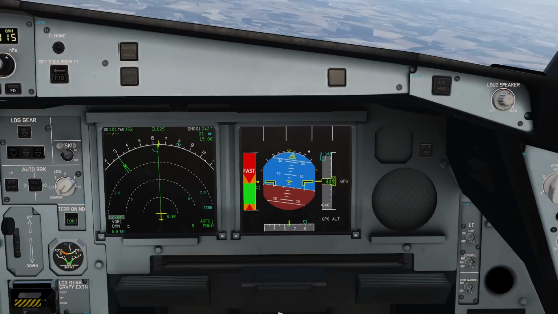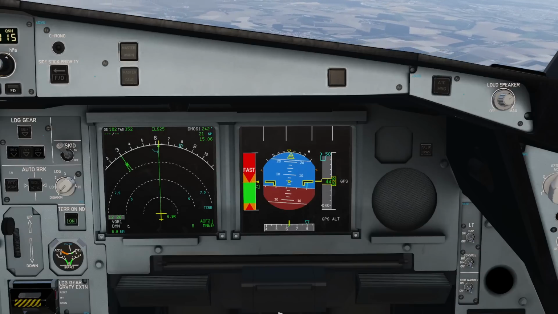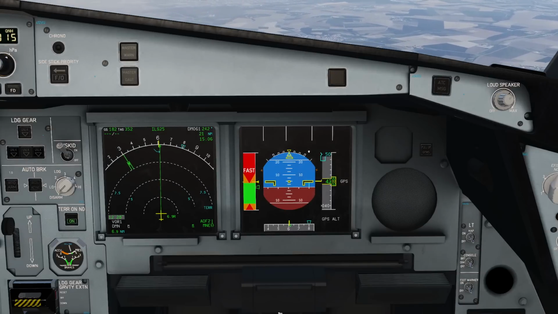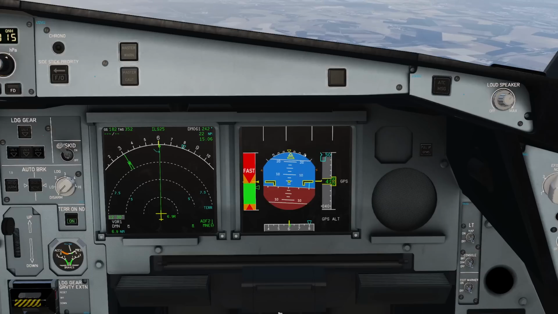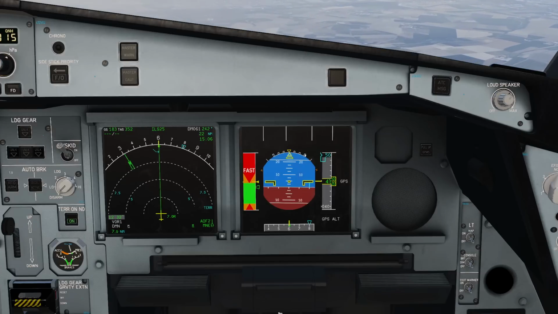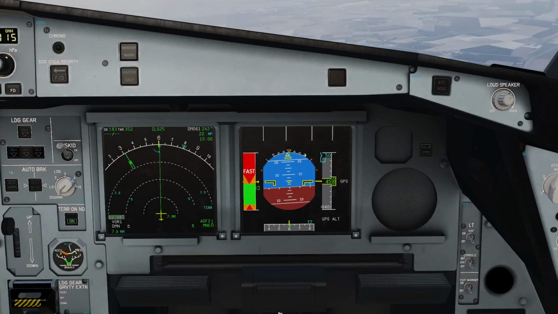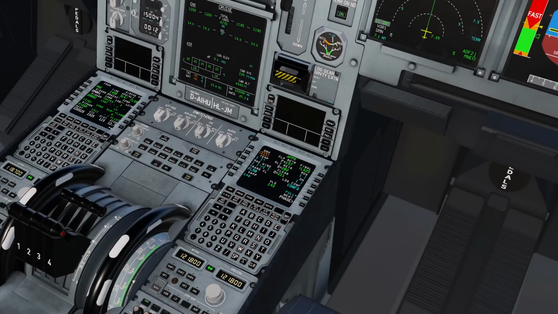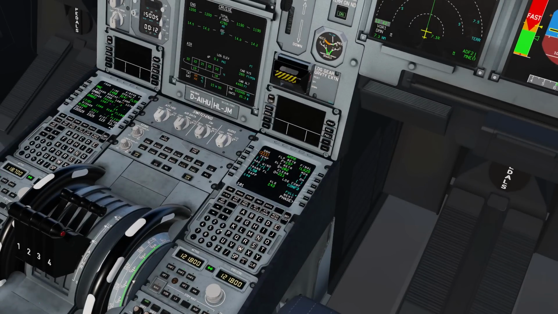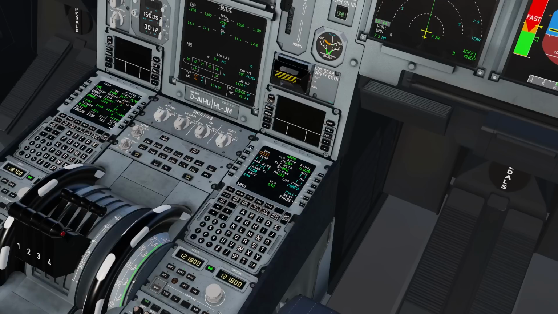So we're going to keep the all ADR off. We're going to keep the for approach stuff open, and the rest of that is basically done. Okay. So, let's do a very quick setup. We've got 1013, 18 degrees, and the wind is calm.